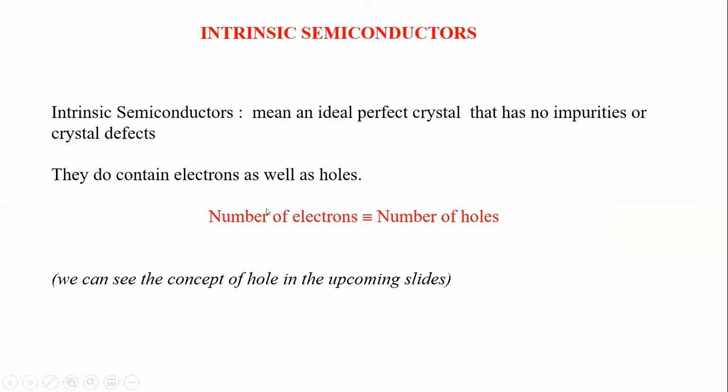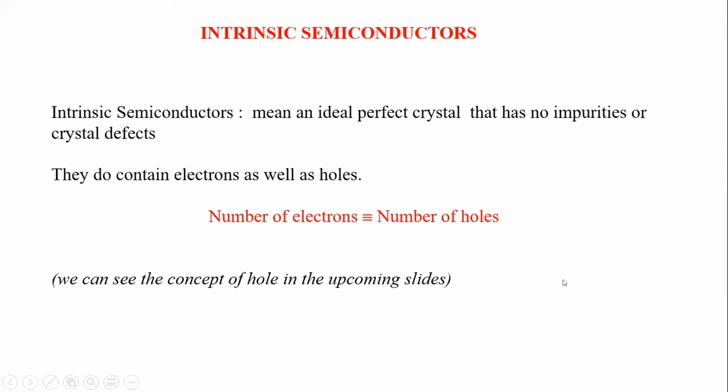If you define the intrinsic semiconductor, then at any instant of time, the number of electrons in the conduction band will be equal to the number of holes in the valence band. If it is matching, then we can call that semiconductor an intrinsic semiconductor.